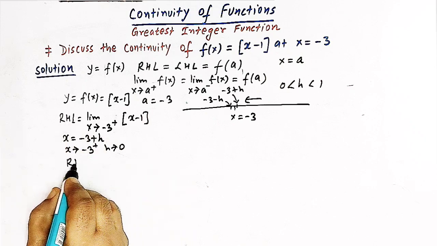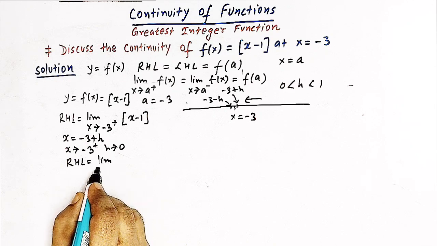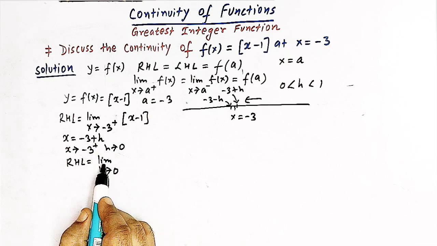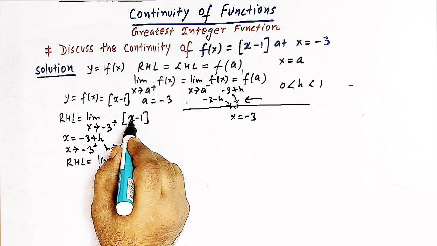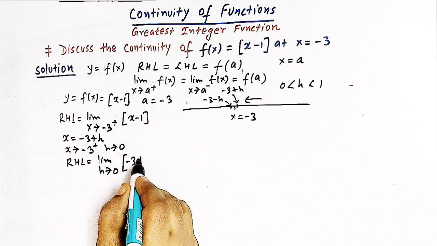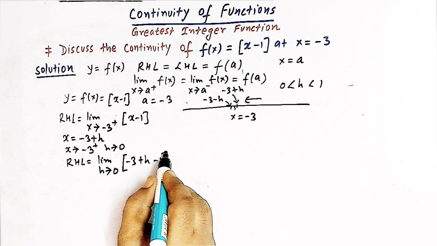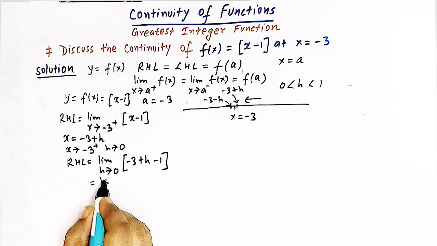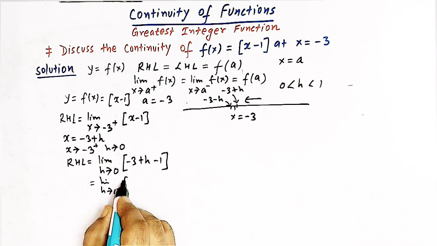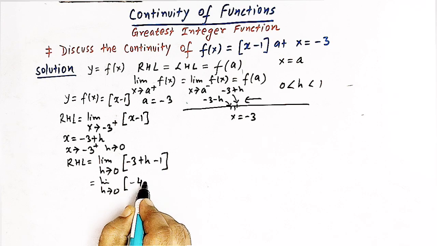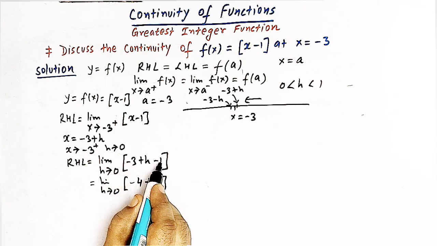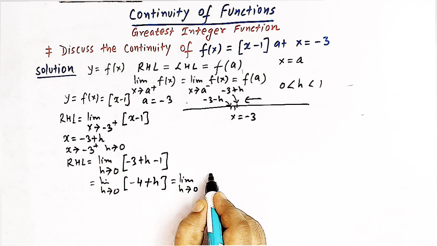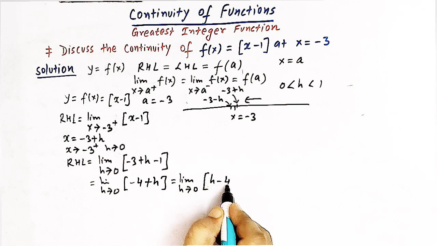So the right hand limit is now equal to limit h tends to 0 of greatest integer of minus 3 plus h minus 1. Solving this, we have greatest integer of minus 4 plus h, since minus 3 minus 1 is minus 4. This can also be written as limit h tends to 0 of greatest integer of h minus 4.